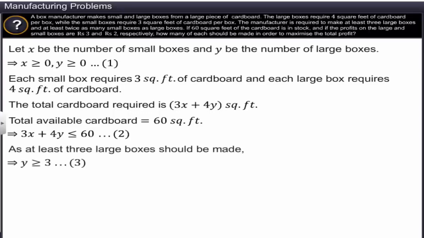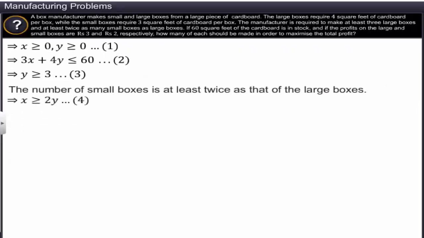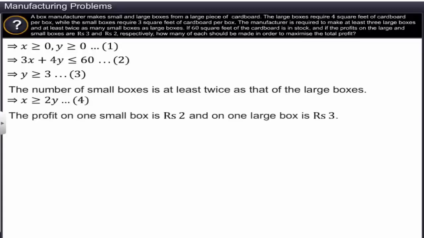One more condition is that at least 3 large boxes should be made. It is also given that the number of small boxes is at least twice that of large boxes. The profit on one small box is 2 rupees, and on one large box is 3 rupees.